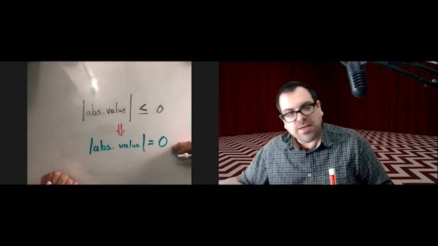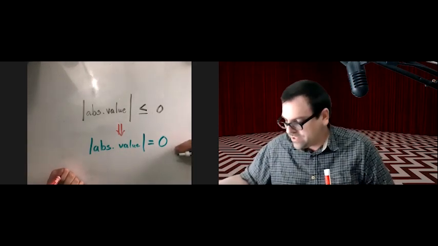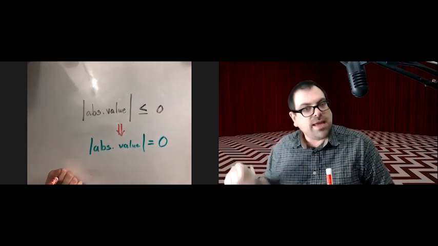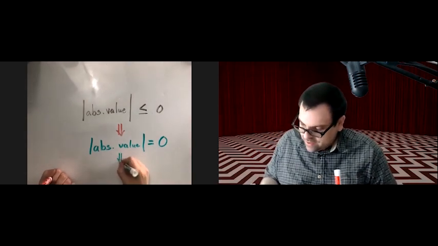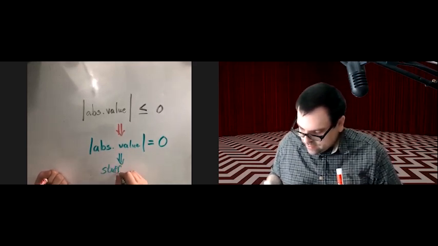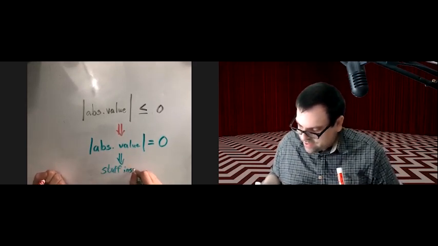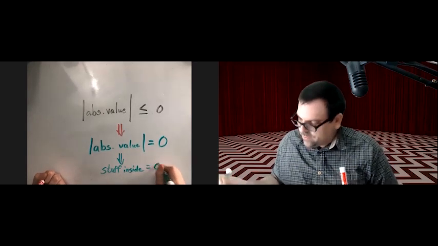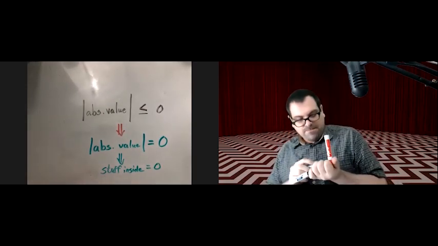And remember what we did when we had the absolute value equals 0. We just dropped the absolute value signs. So the stuff inside without the symbol equals 0 is how we would solve that.